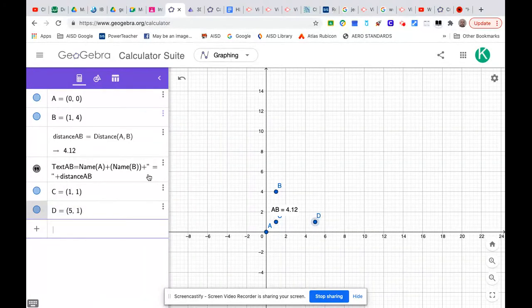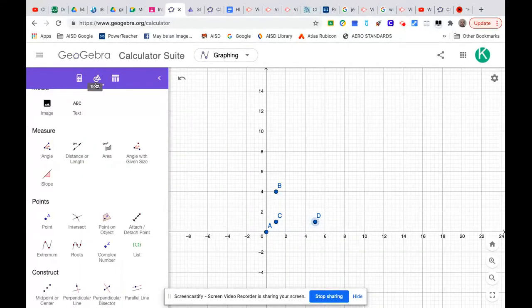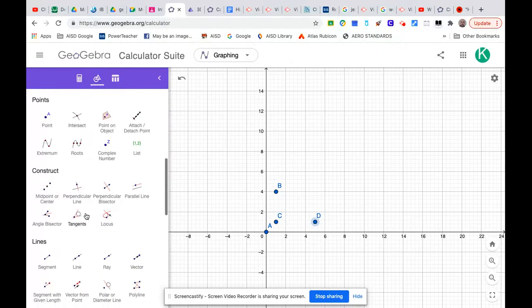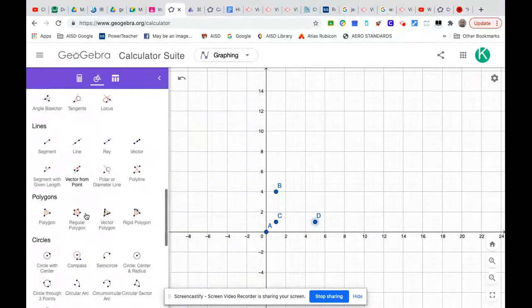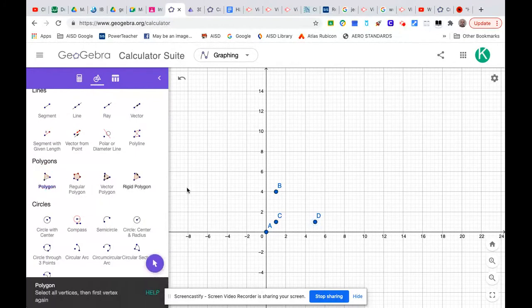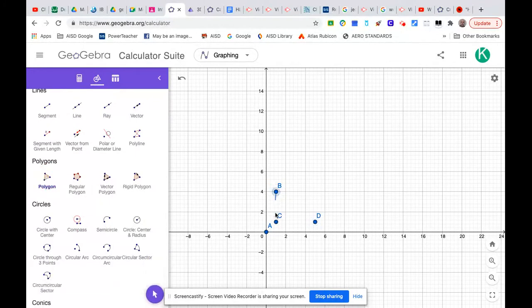Okay, let me take that distance out. Now, I want to make this into a polygon. So go back to the circle, triangle. Scroll down, lines, polygons, and just click on the 3 points, B to C, C to D, back to D. So we have a polygon here, and the idea is we have the coordinates.